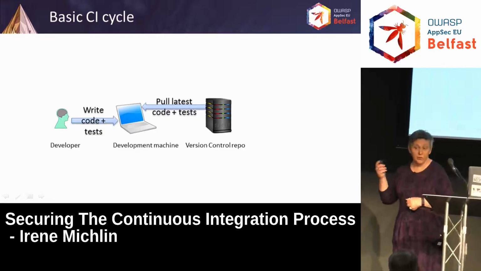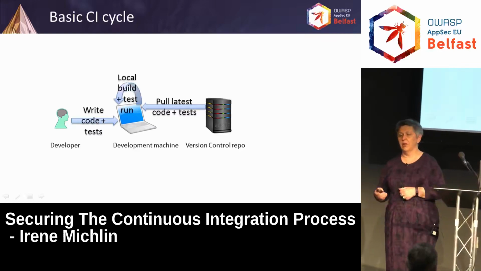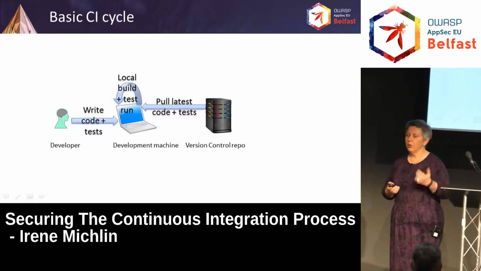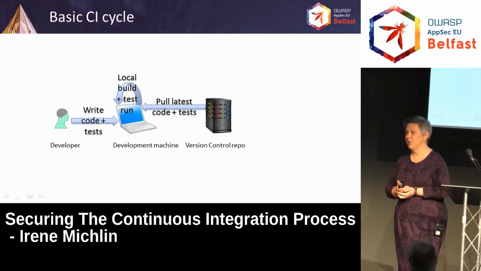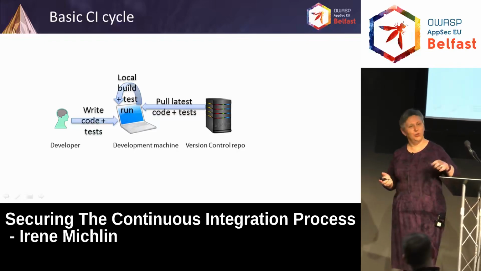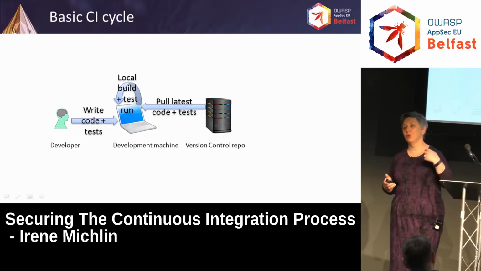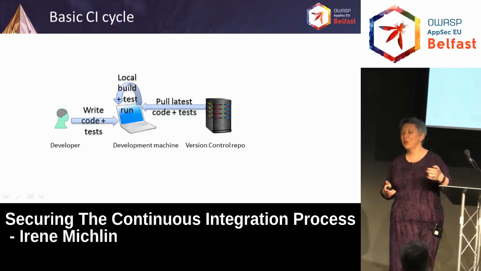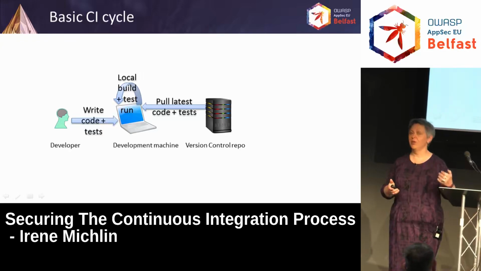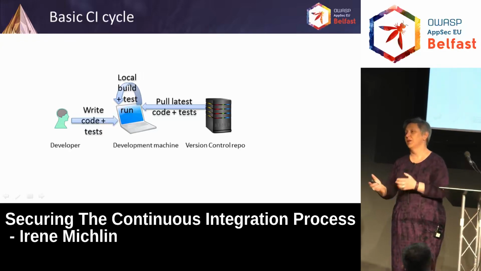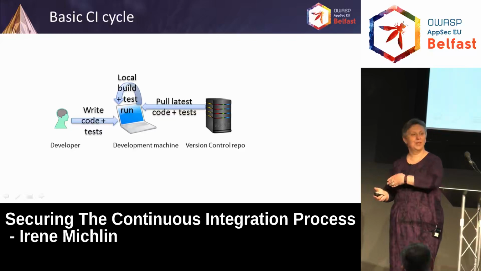Then they pull the latest from the version control repository. This step to run a local build and test is optional but very popular. In the talk before lunch, Joseph mentioned that there are now tools that let you do all sorts of security checks on the developer machine, even before the code is committed. So if you have these tools, this is the step in which you will utilize them.